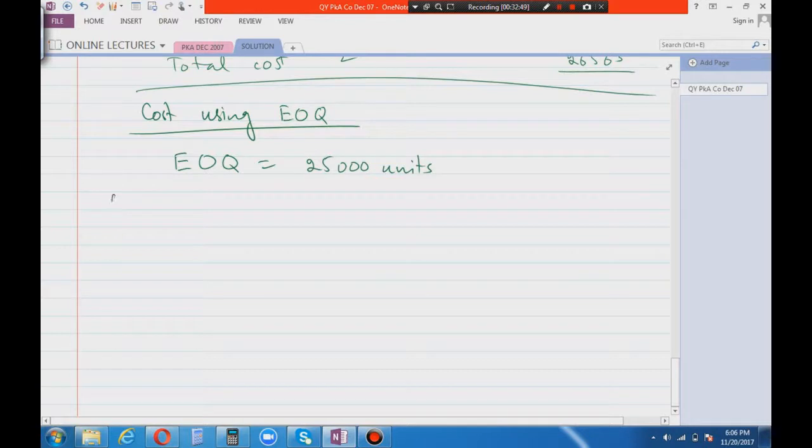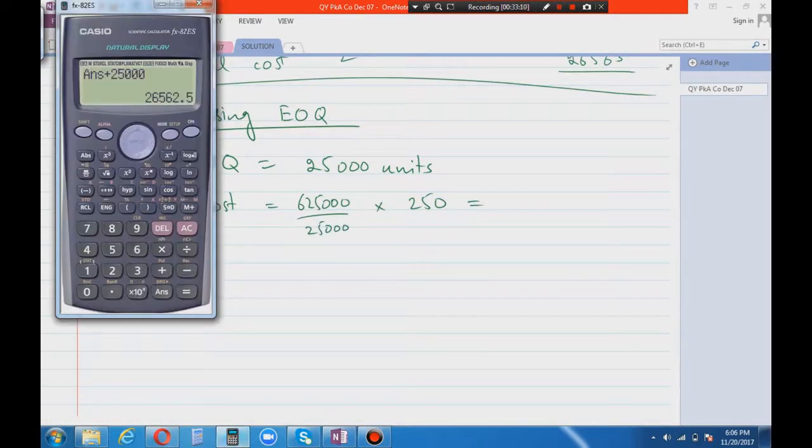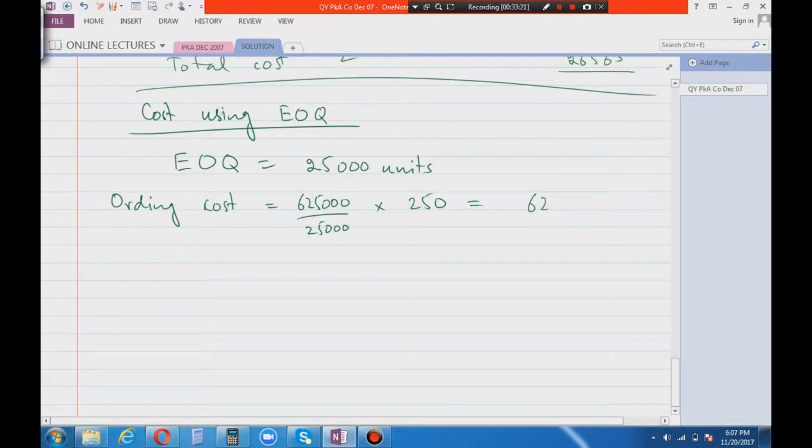Now total ordering cost: cost of one order is 250, demand is 625,000 divided by quantity, this time 25,000, so 625,000 divided by 25,000 multiplied by 250 would be 6,250.